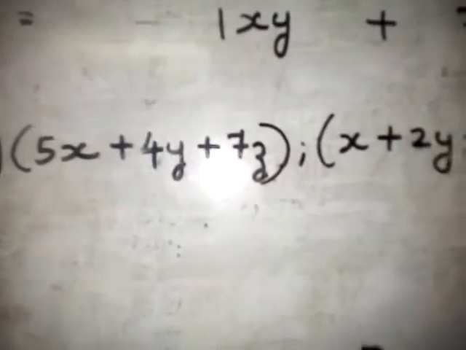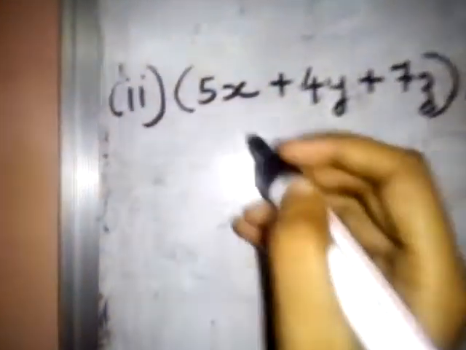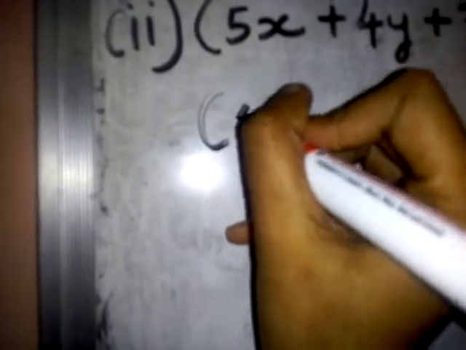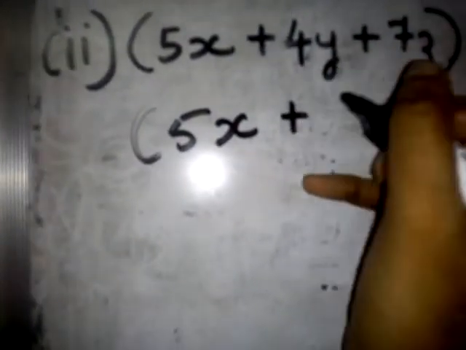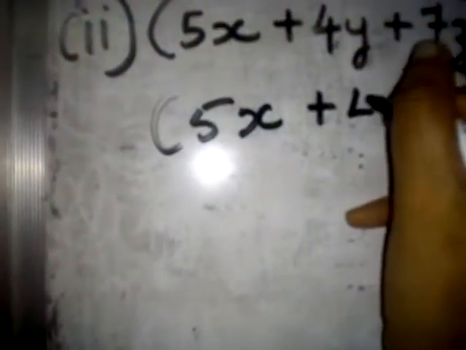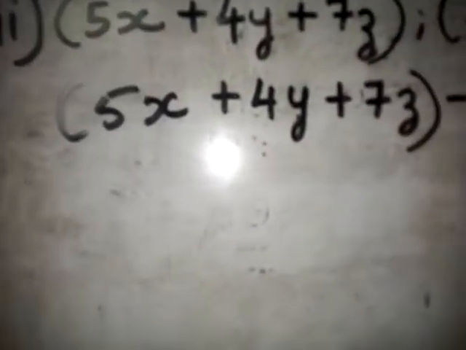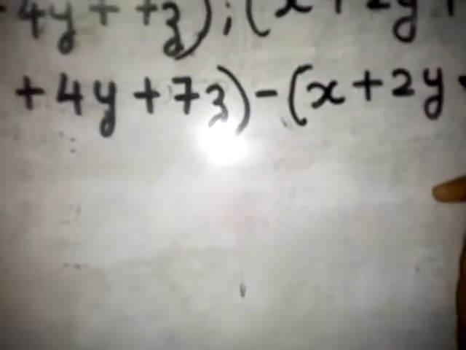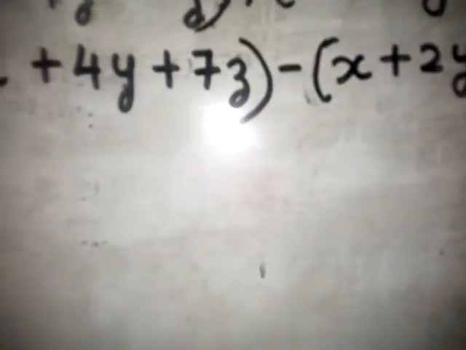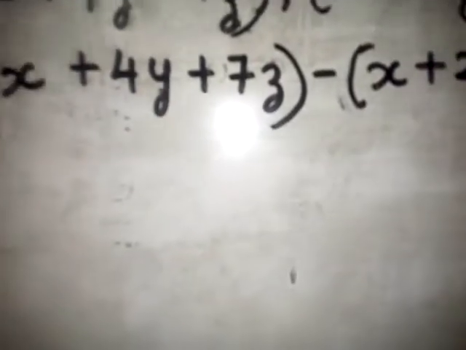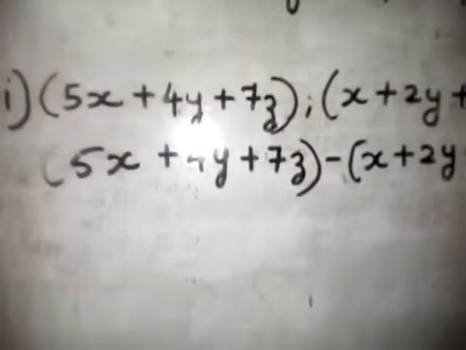You have to write this in brackets in subtraction form. 5x plus 4y plus 7z minus x plus 2y plus 3z, like this.